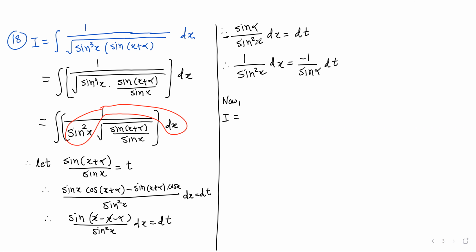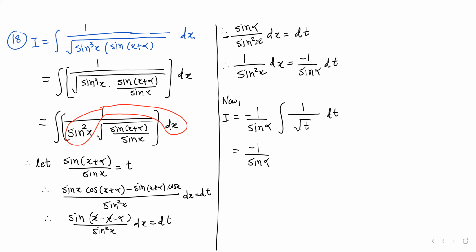So, minus 1 upon sin alpha integration. Sin alpha is a constant term, so that's why we write it outermost. Now 1 upon this one is replaced with root t, so it becomes the integral of 1 upon root t dt, is equal to minus 1 upon sin alpha.